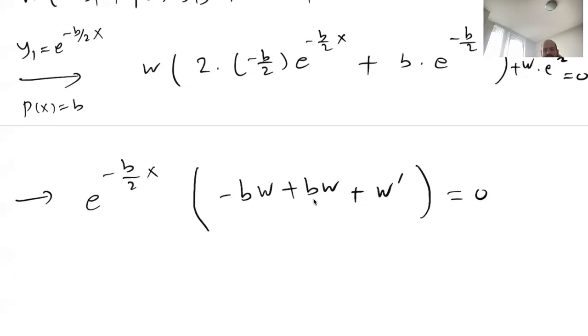So minus bw plus bw cancel each other, and we get e to the power minus b over 2x times w prime equals 0.